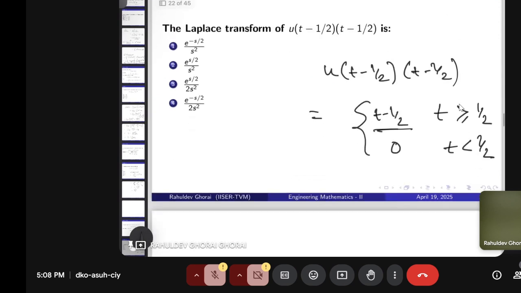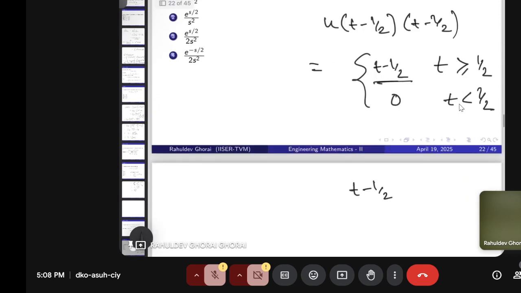So instead of 1, we will have t minus half times e to the power minus st dt, integrated over half to infinity in this case.